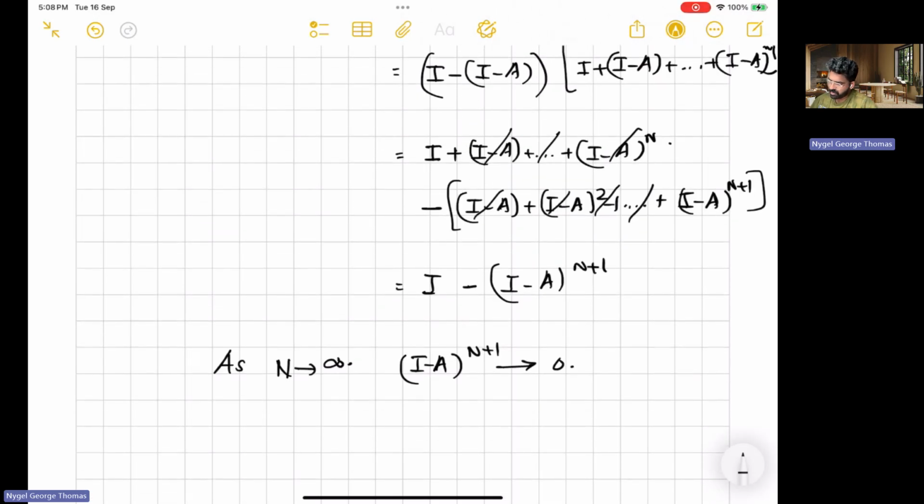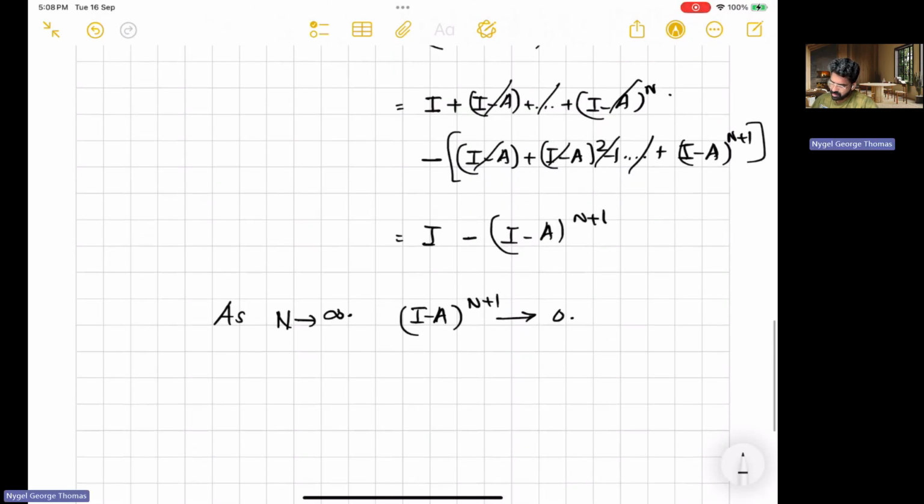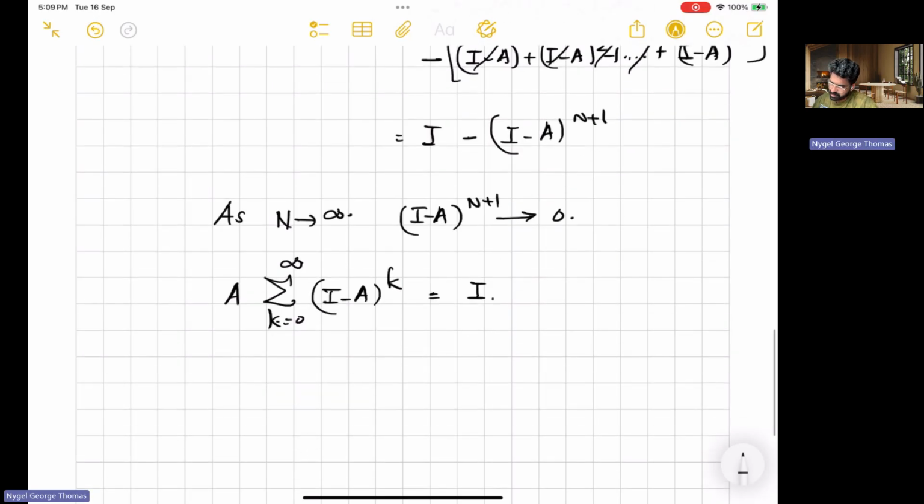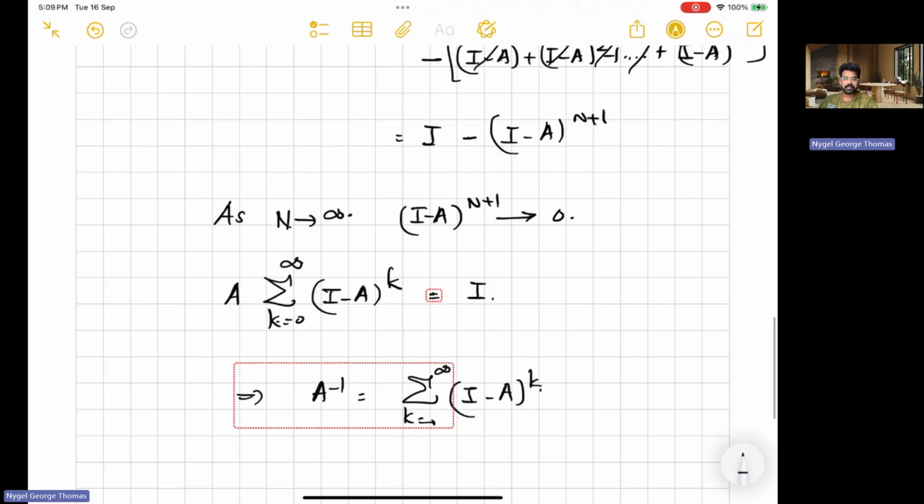So we can say A times the sum from k equals 0 to infinity of (I minus A) raised to k is equal to I, which implies A inverse is equal to the sum from k equals 0 to infinity of (I minus A) raised to k.